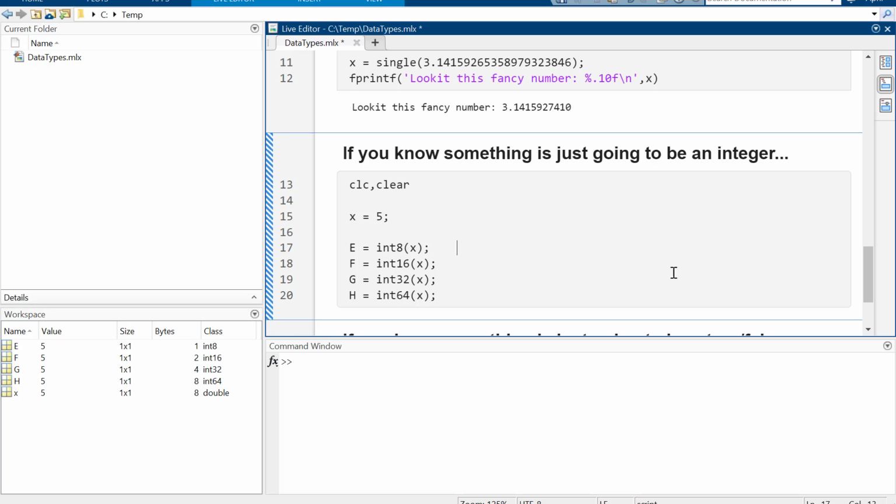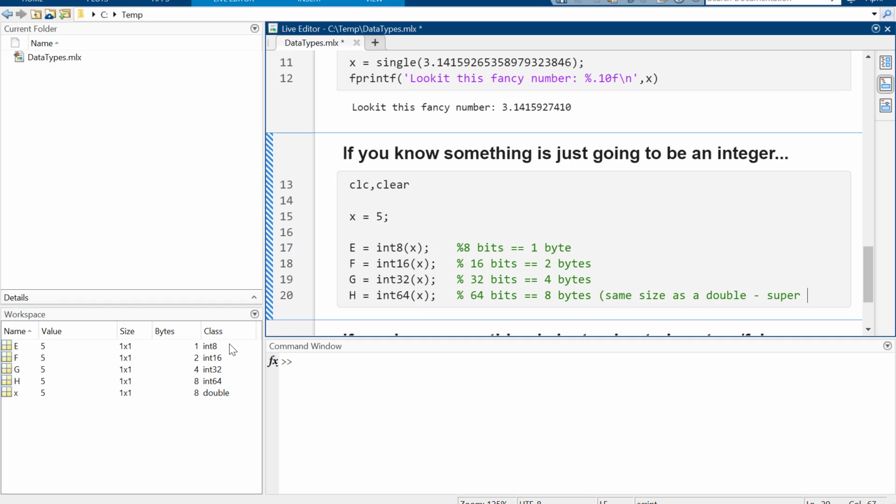So an int8 is 8 bits, because it's 1 byte. 1 byte, 8 bits. 16 bits is 2 bytes, as you can imagine. 32 bits would be 4 bytes. And then 64 bits would be 8 bytes, which is the same size as a double.